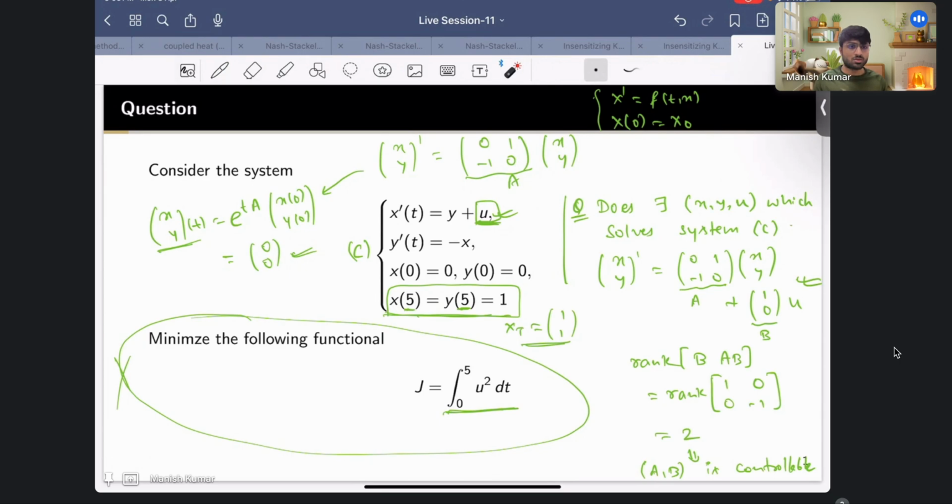We could have many options for choosing the control u. So now the question we are adding is that you have to choose such u which has minimum L2 norm, so this functional should achieve minimum value.